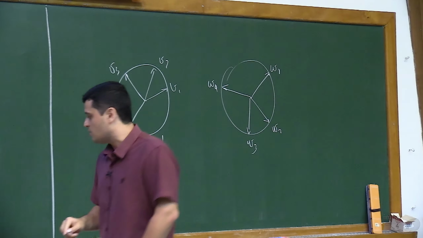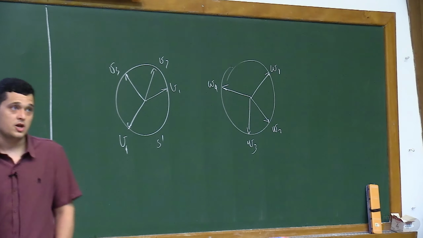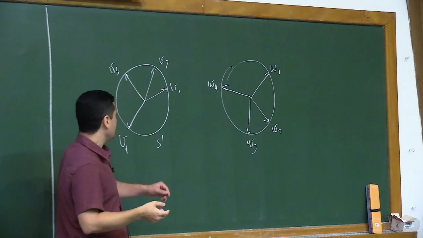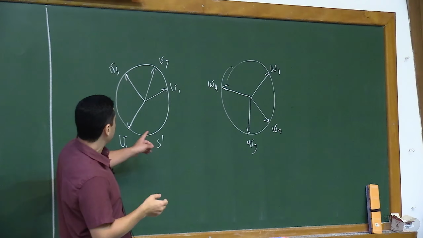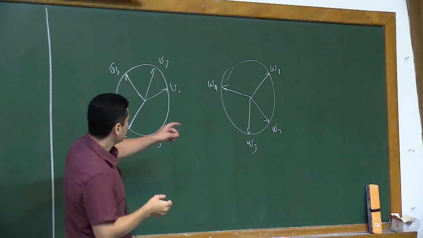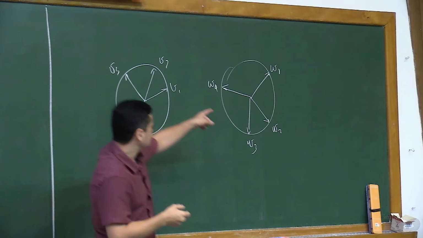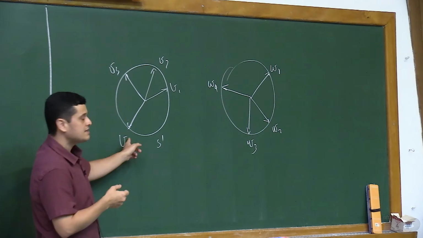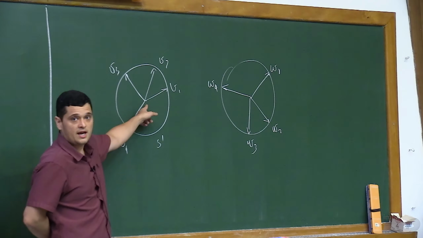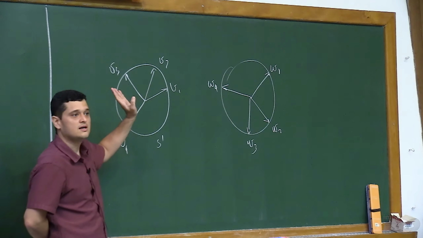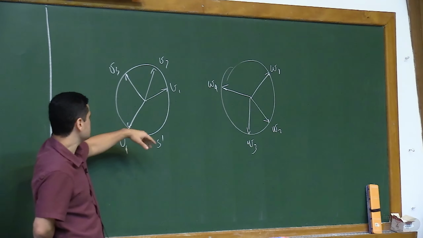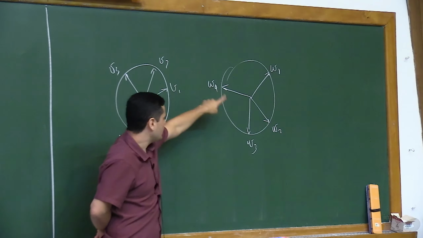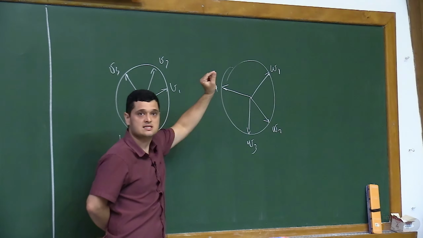What you want is to show that there is a set of indices, say 1, 2, 4. If you pick V1, 2, and 4 and W1, 2, and 4, you see that the origin is a convex combination of these two sets, with the same indices.